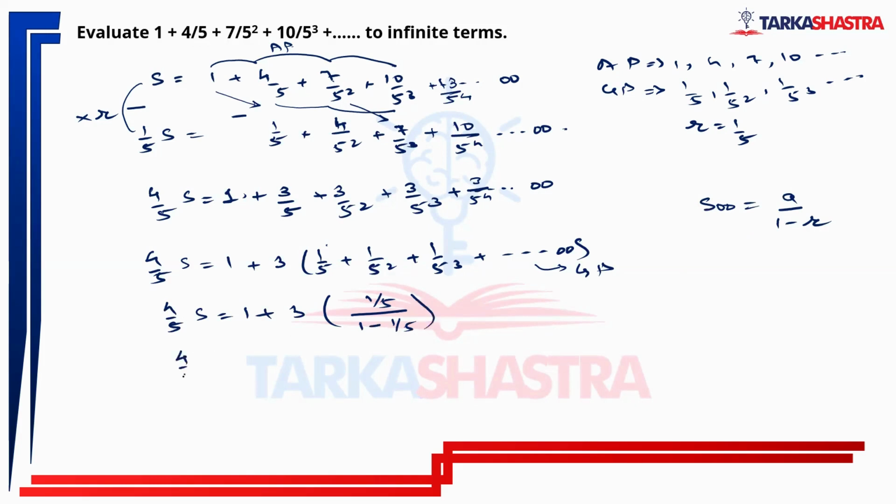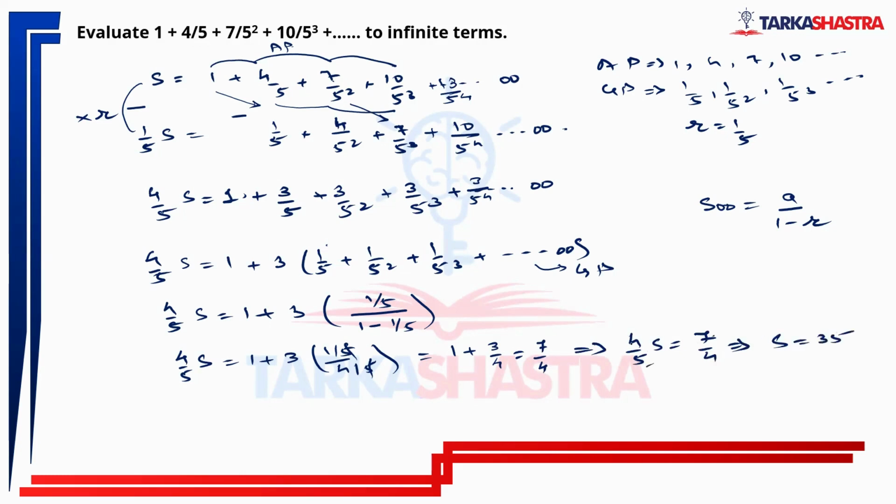So what we have, 4 by 5 s is equal to 1 plus 3 into 1 by 5 upon 1 minus 1 by 5, which is 4 by 5. So this is gone, this is gone. This is 1 plus 3 by 4. 1 plus 3 by 4 is 7 by 4. So 4 by 5 s is equal to 7 by 4, which gives me s is equal to 5 into 7, 35, over 4 into 4, 16.